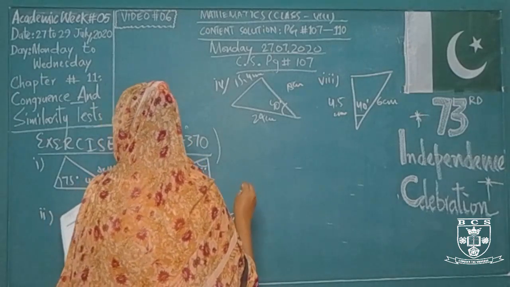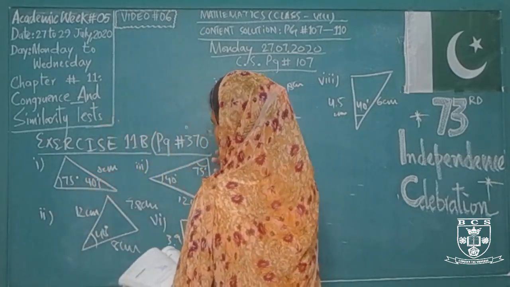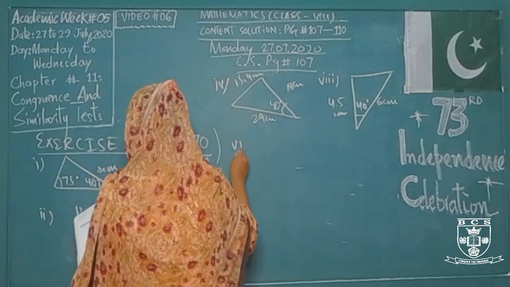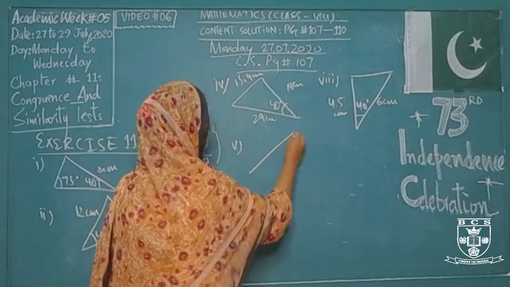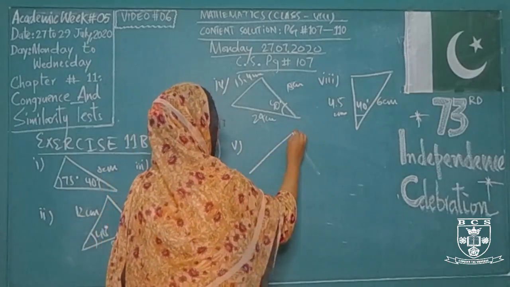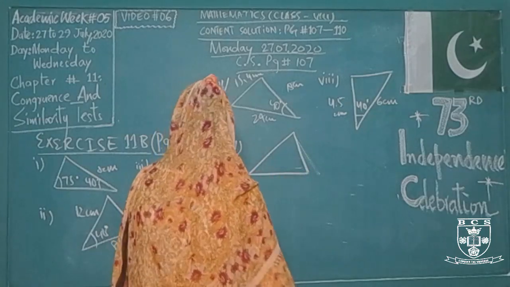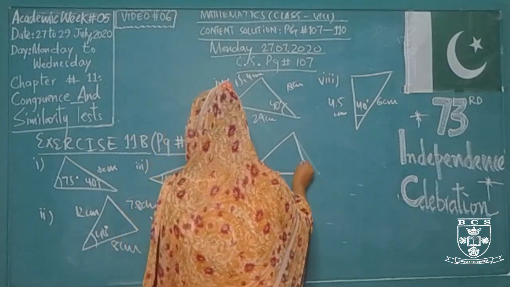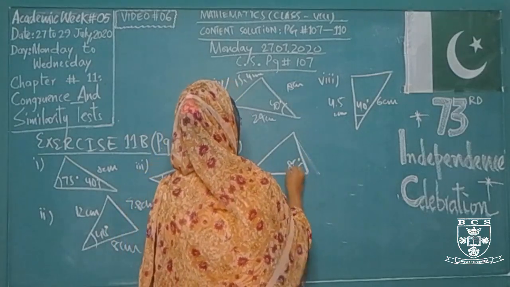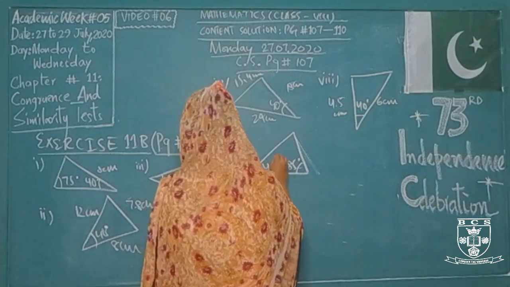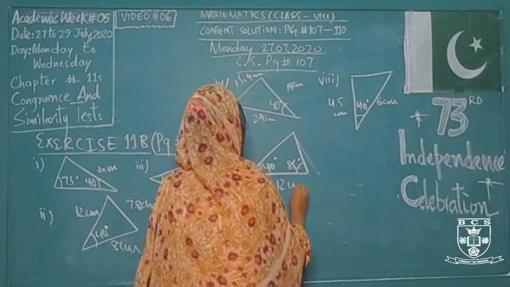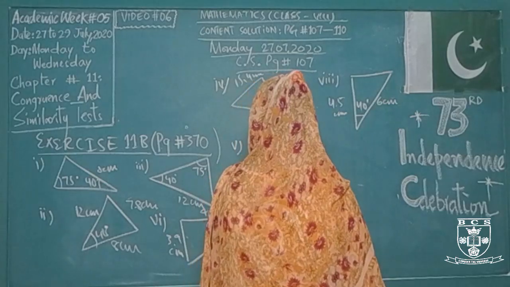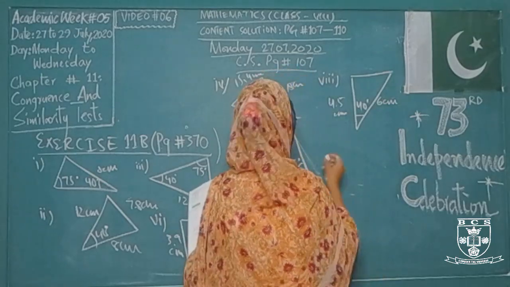Right after that, the fifth triangle has 85 degrees, 40 degrees and 12 centimeter, and this one is making a pair with the seventh triangle.